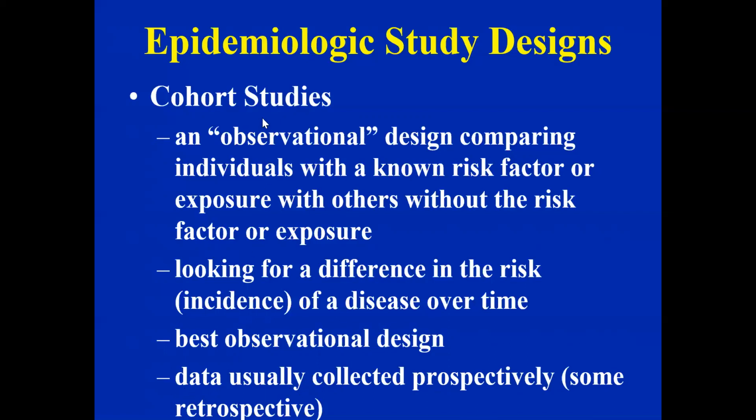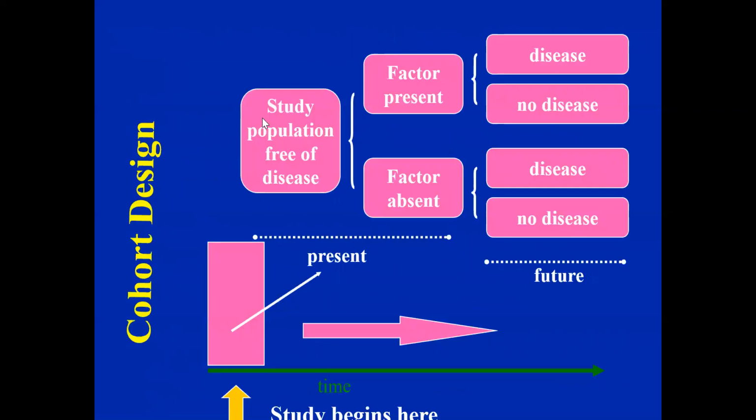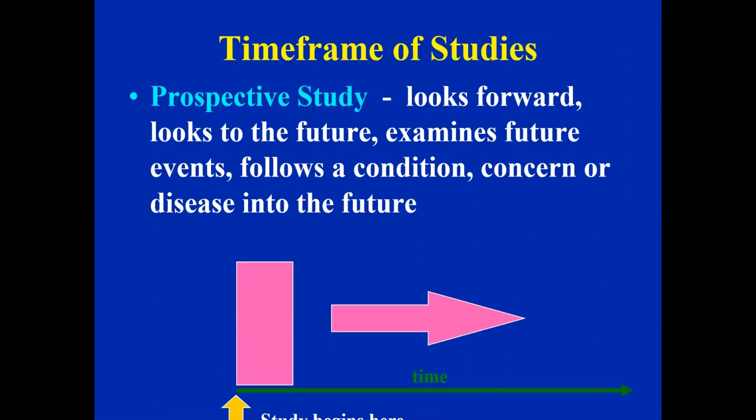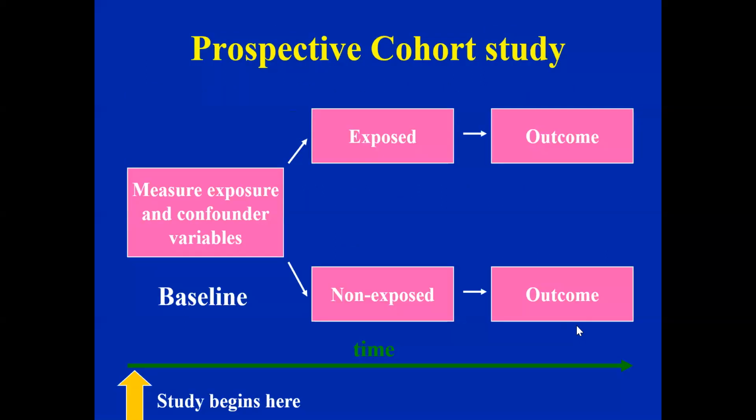So you can have a prospective cohort, where you start with your study participants, some have got the exposure, others don't have the exposure. You follow them up to see if they are going to develop the disease.